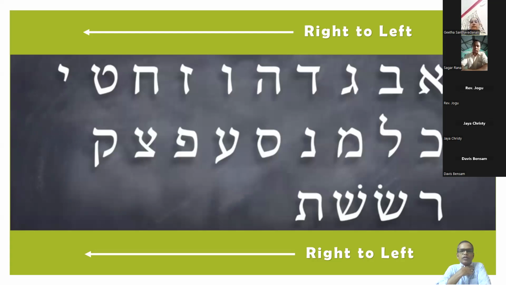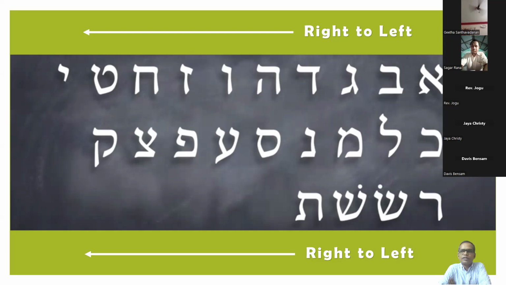Okay, so the first thing you have to understand is that Hebrew is a Semitic language which is written from right to left, not from left to right how we write English and our mother tongue. Okay, so it is written from right to left.